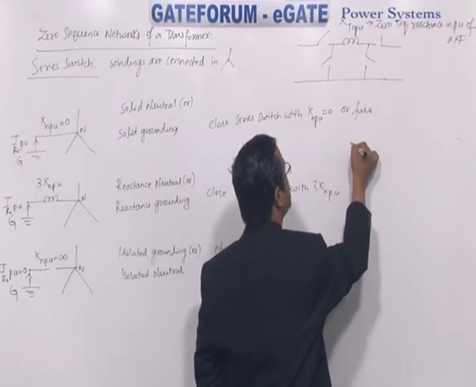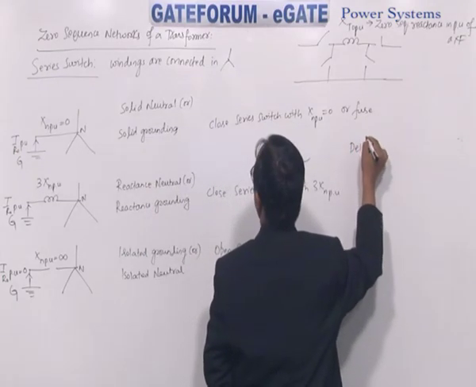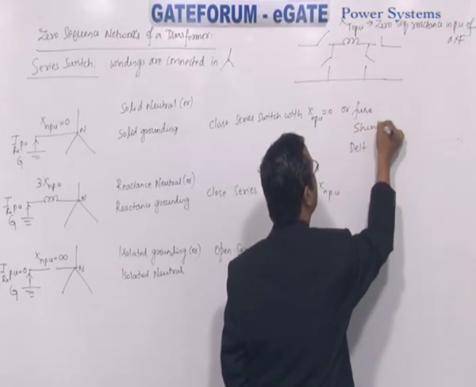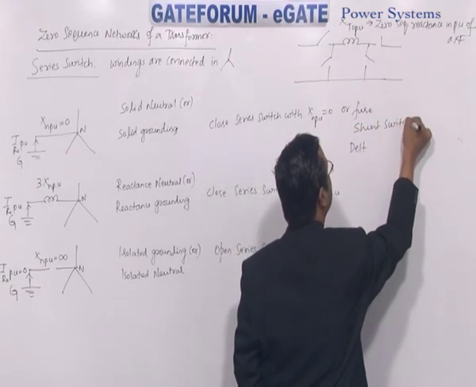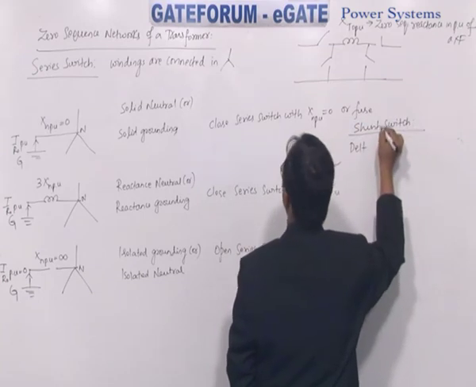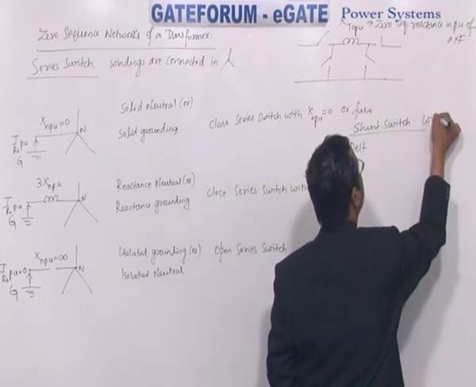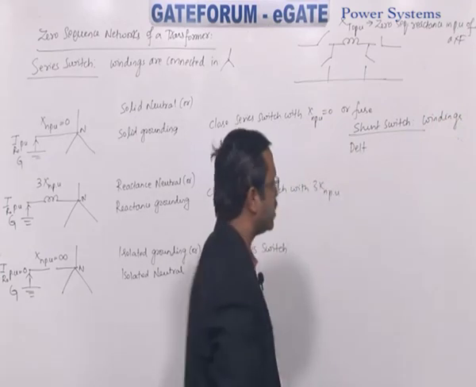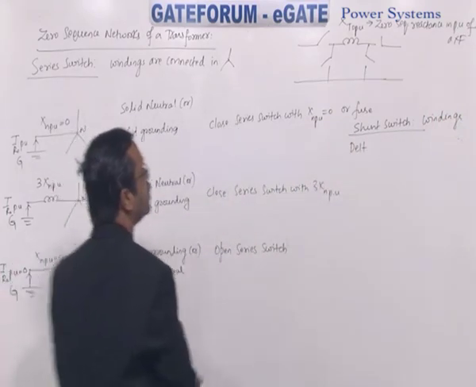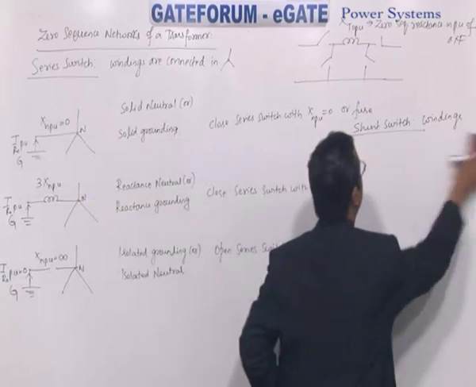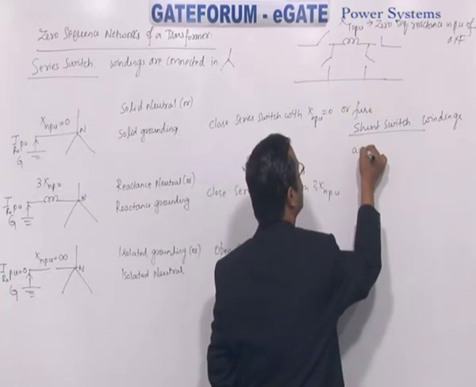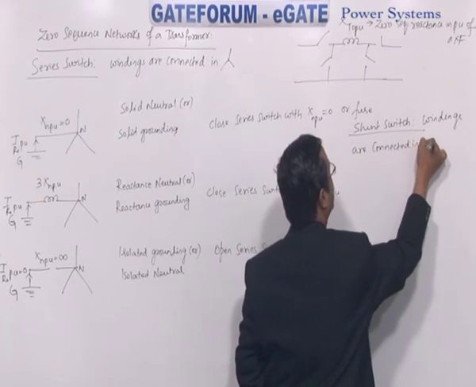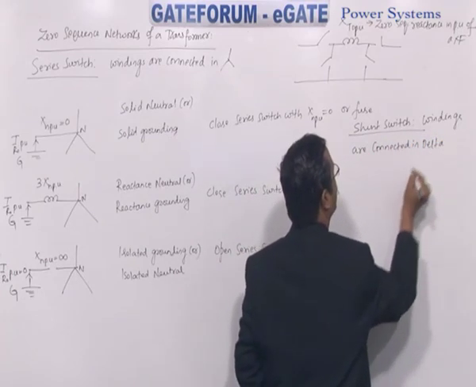And similarly, we check the shunt switch. So when to operate the shunt switch? When the windings are connected in delta.